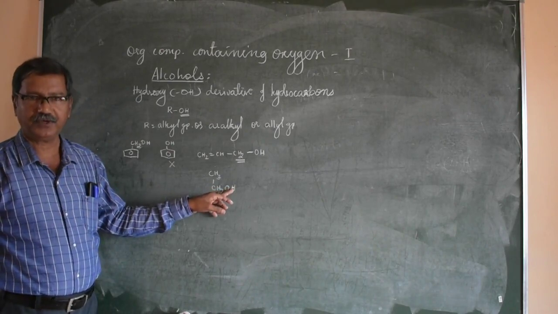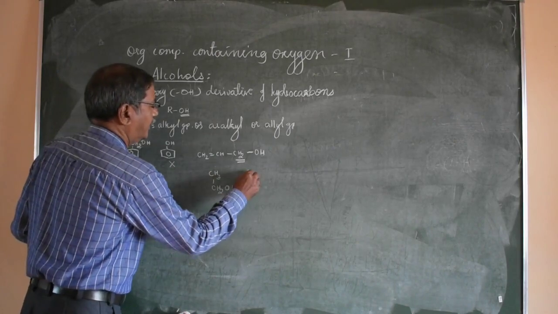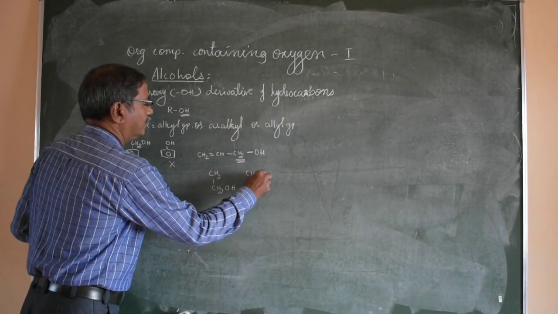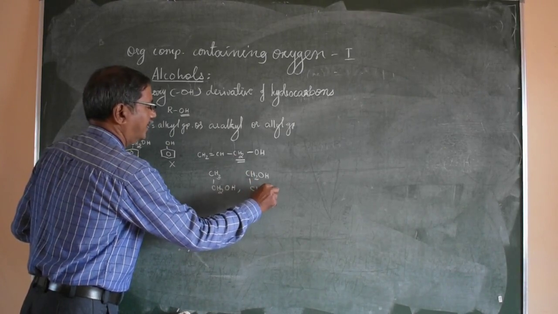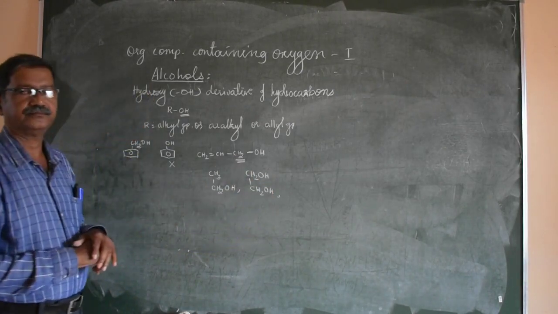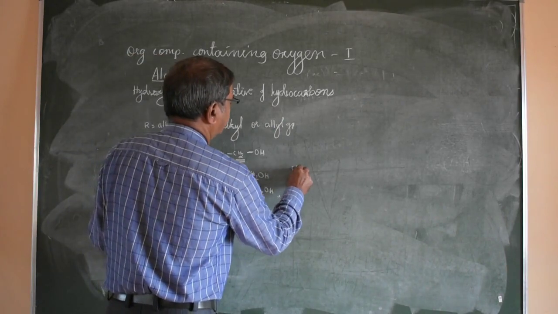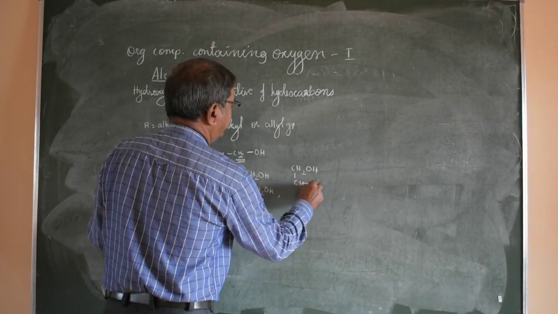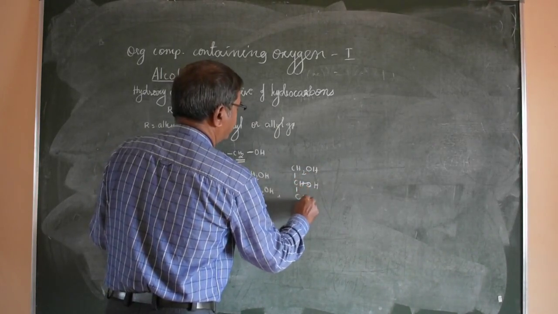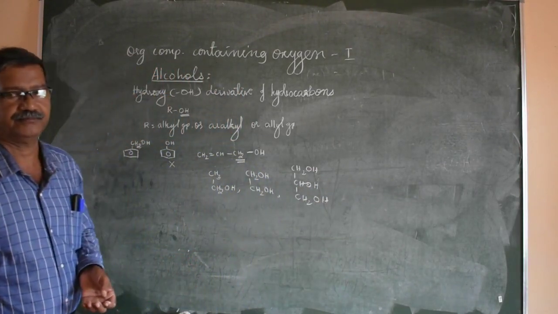Hydric means OH, mono means one. If there are two OH groups, it is called dihydric alcohol. If we have three OH groups, it is called trihydric alcohol. And if there are more than three OH groups, it is called polyhydric alcohol.